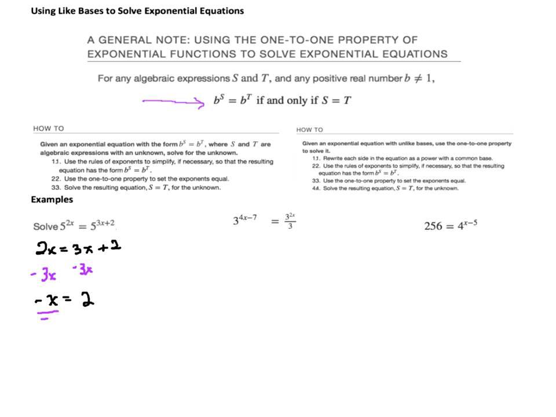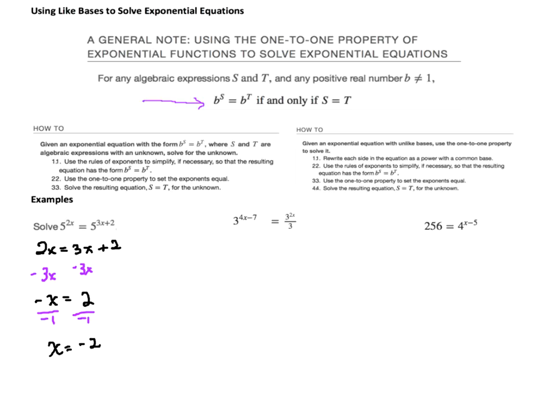Divide both sides by negative 1. And I get x is negative 2. And you can plug it in mentally and give it a check. If I plug in negative 2 on the left-hand side, that's 5 to the negative 4th power. And if I plug in negative 2 on the right-hand side, that's 5 to the negative 6 plus 2, which is also 5 to the negative 4th power. So that's how that works.